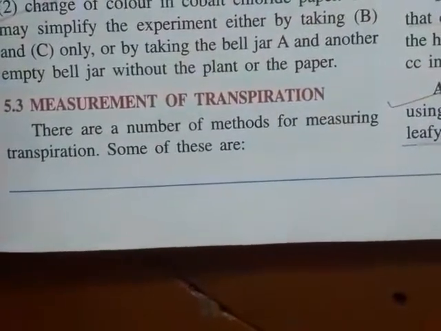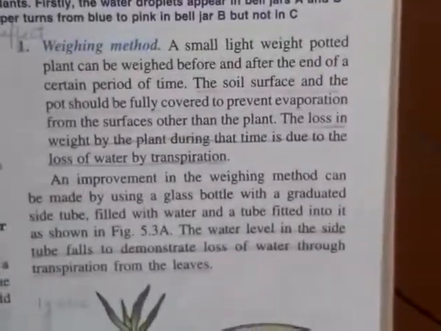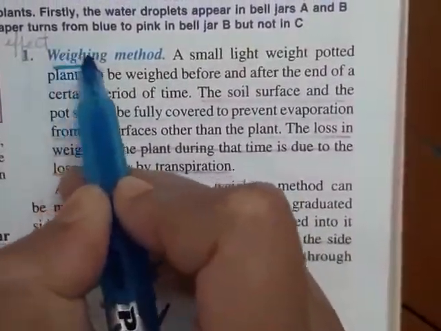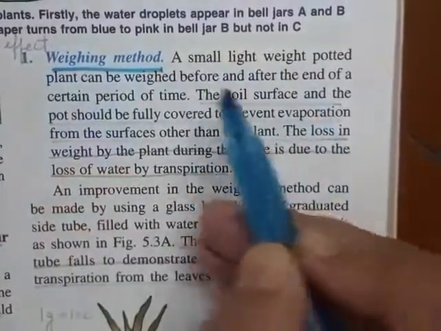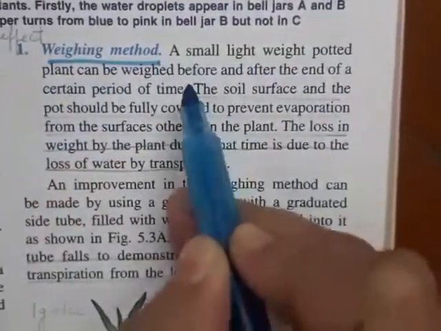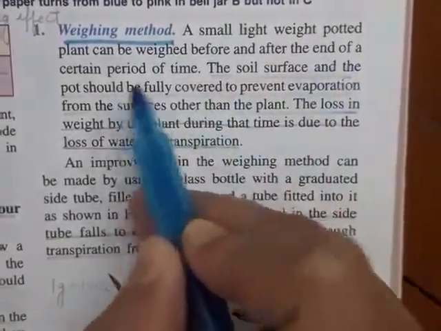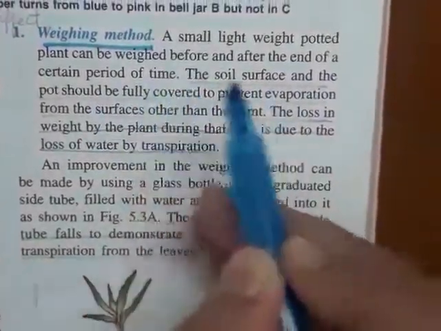How do we measure transpiration? Weighing method. A small lightweight potted plant is weighed before and after the end of a certain period of time.